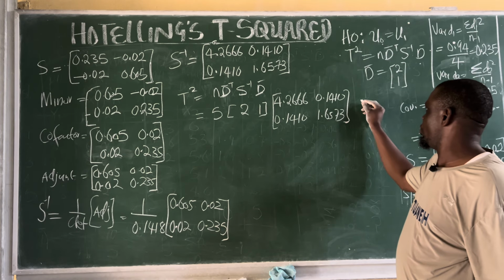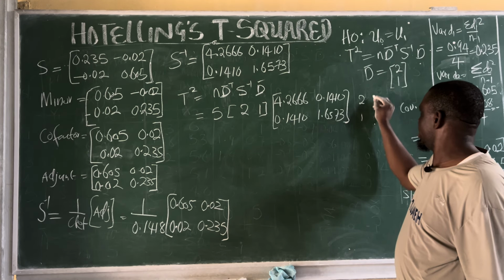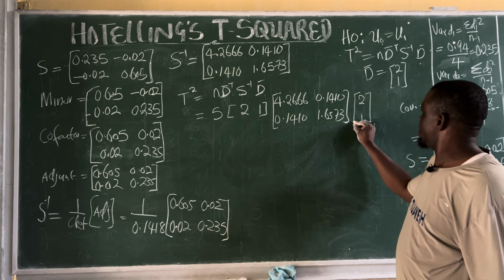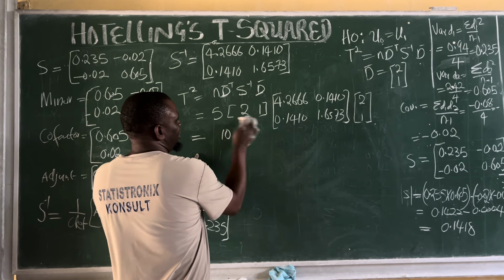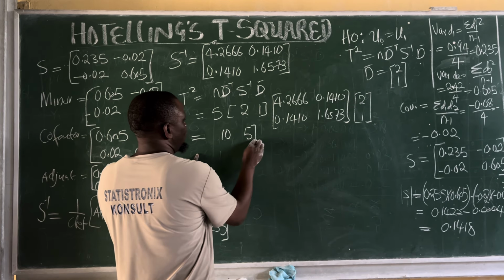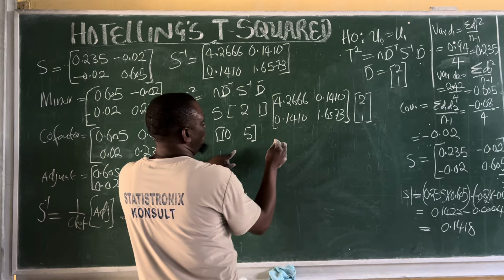So that d bar we know is 2 and 1. That remains a column vector, since it's not a transpose. So this is easier for us to multiply. So this will be equal to, this time this is 10, this time this is 5. So this is our row vector.